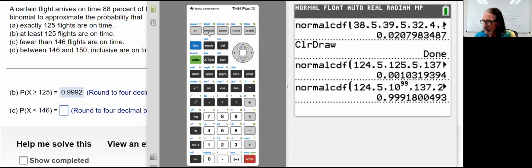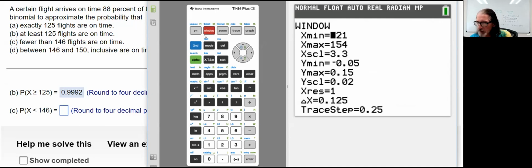All right, so let's see here. Let's get a pretty picture of this, where we're going to shade from 121 to 145.5.